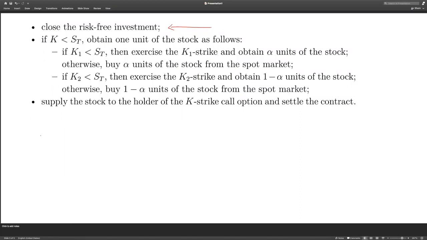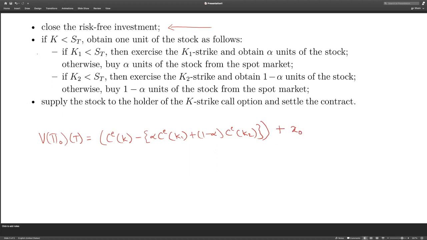Therefore, your value of pi naught at capital T will basically have this money CE of K minus alpha times CE of K1 plus 1 minus alpha times CE of K2, plus you have some money coming from your other options trades.